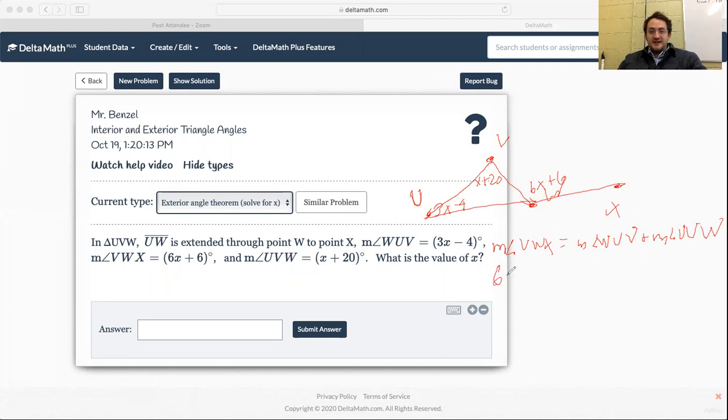So I got VWX, the 6x plus 6, equals the 3x minus 4 plus the x plus 20.